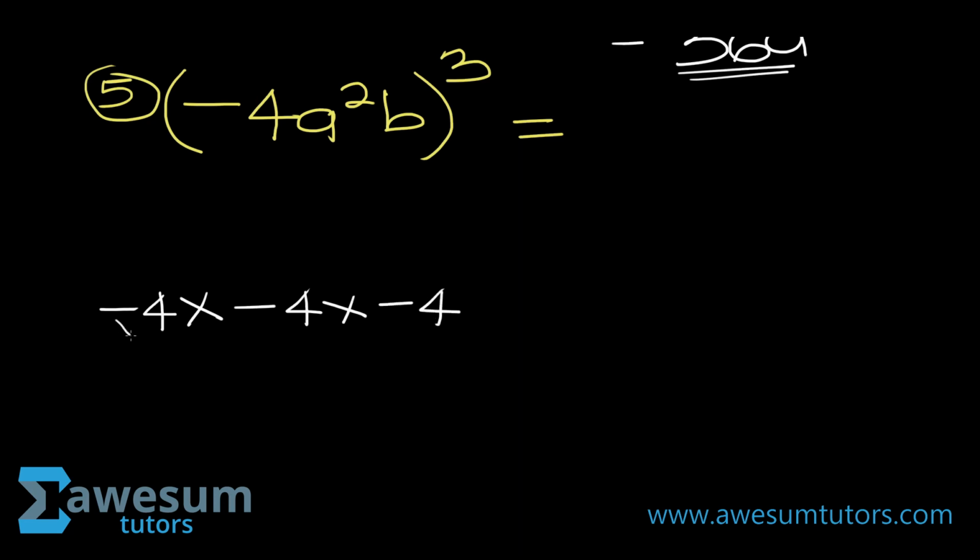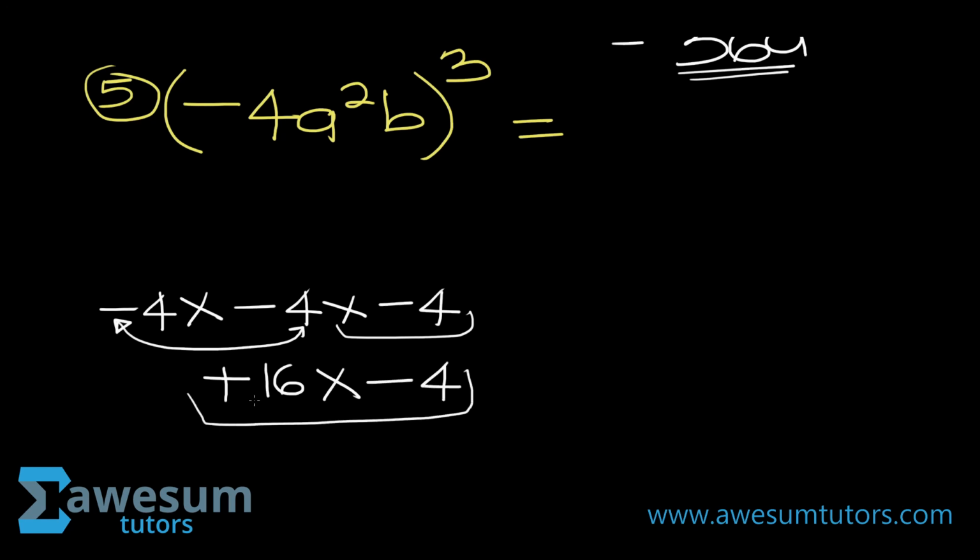If you take a look at this, negative 4 times negative 4, that is going to give me positive 16. If you remember your multiplication of numbers very well and signs, then I have this right here times negative 4 now. So if you now do positive 16 times negative 4, because positive times negative is going to give you negative right here, 16 times 4 gives you 64.